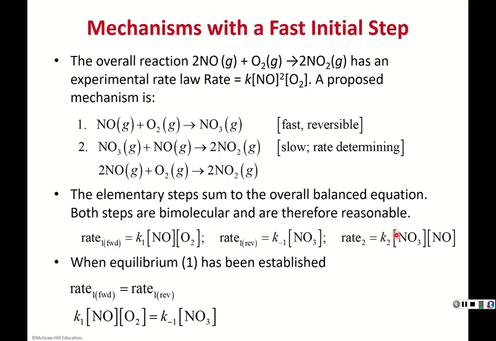If you were doing this experimentally, you'd have no way of knowing it's there or measuring it. So we want to convert this concentration into a concentration of products and reactants, most typically of reactants that we can use.